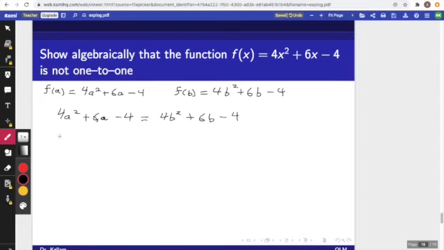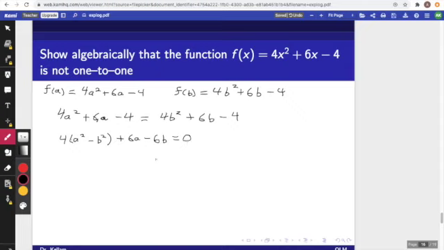So this would be 4 times (a squared minus b squared) plus 6a minus 6b, and then the negative 4's are going to cancel each other out, leaving us with this.